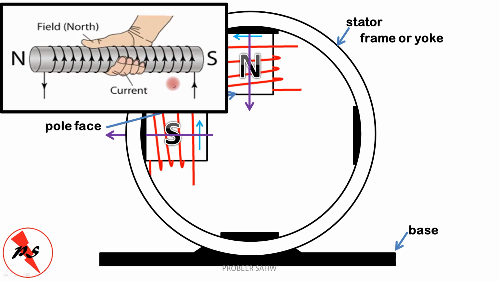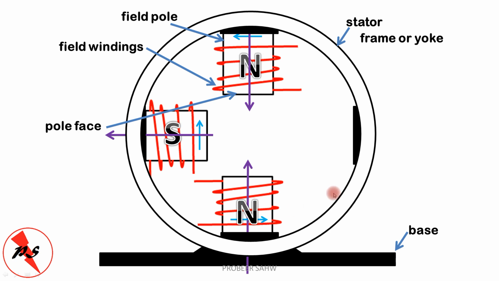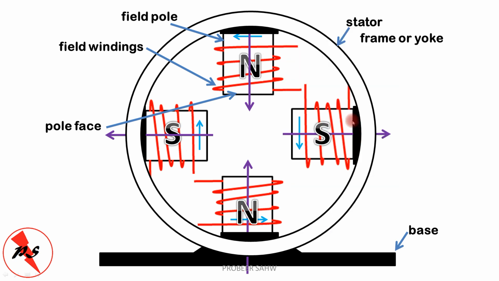So again, according to the right hand thumb rule, the current is in this direction, so this pole face now acts as the south pole. Similarly, we can have a north pole here and a south pole here. We can also have 6 poles or 8 poles, depending upon our application.